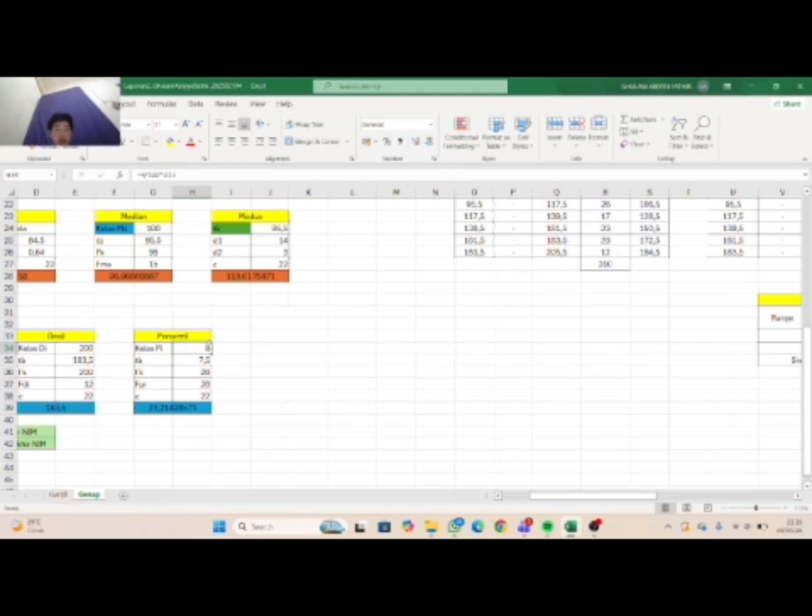The first step is to determine the percentile position using the total data multiplied by the percentile divided by 100. And then I determine the percentile class based on the cumulative frequency. After that, the percentile value is calculated using the group data percentile formula.